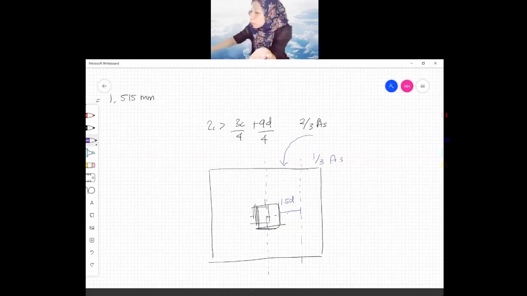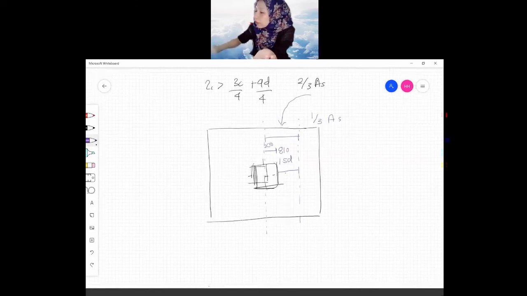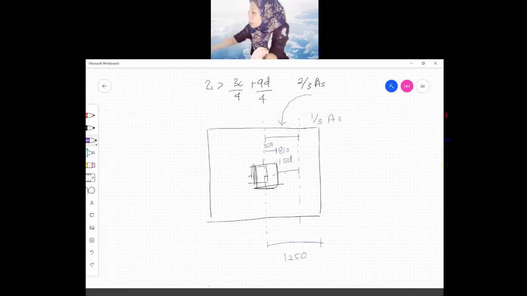So this is 810, which is 1.5D. So it reaches here. So half of your column is 200. So 200 plus 810 is 1010. Okay, so this distance of 1010 is where 2/3 AS sits. So the balance, because this is your 2,500, half of this is 1,250. Okay, the balance here is 240. The one here is 1010.